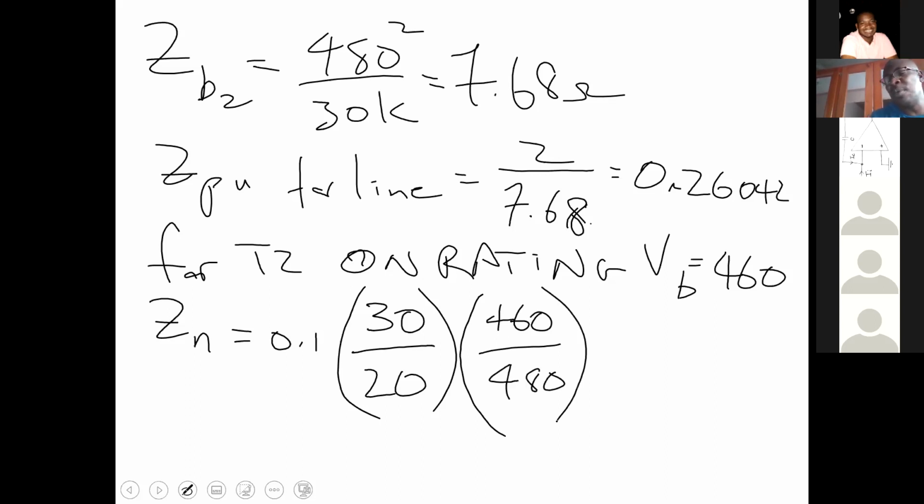And what do we do now? Square this. So we have 0.1 times 30 over 20. The k's will cancel, so we don't need to put that in. We have 460 over 480 squared. And what does that equal to? 0.13776. All right.